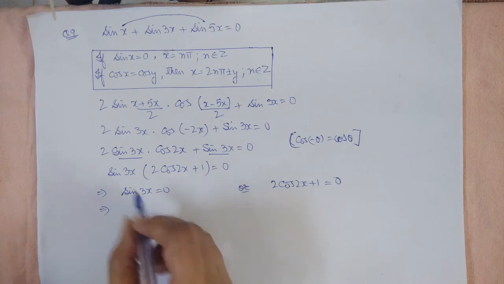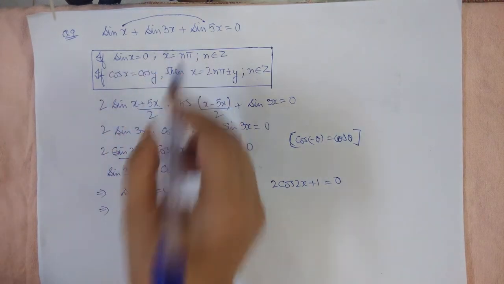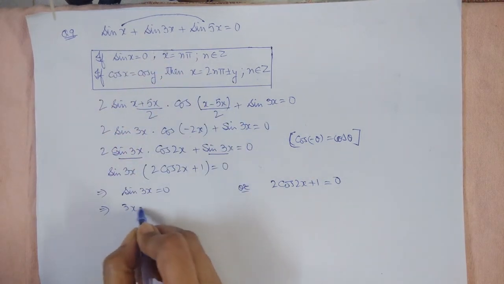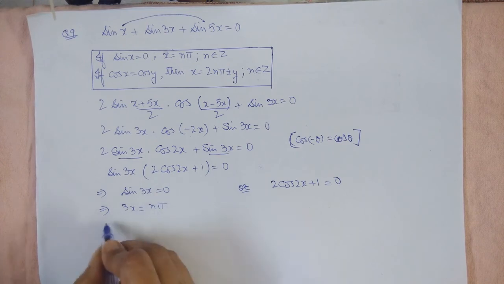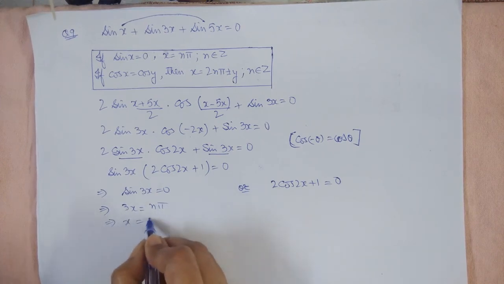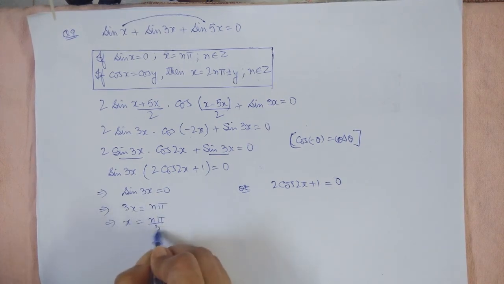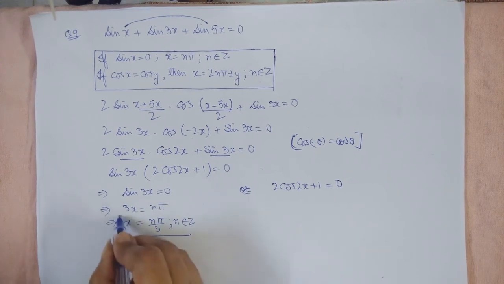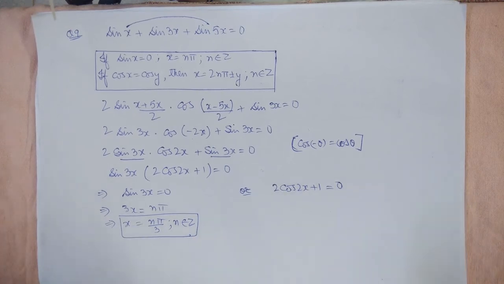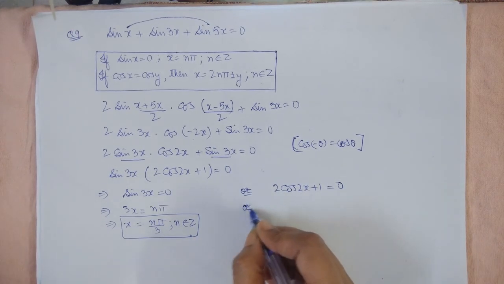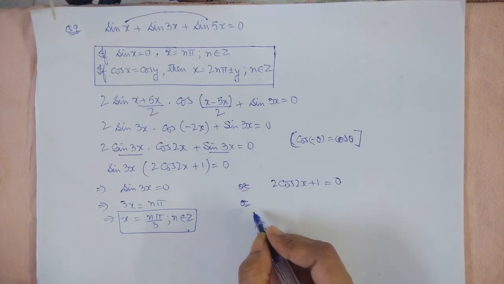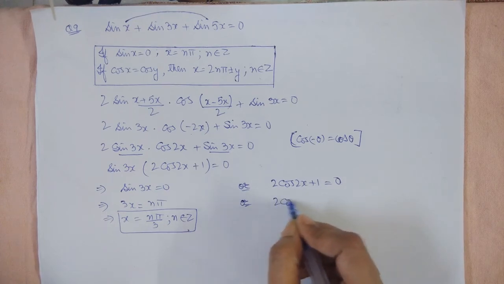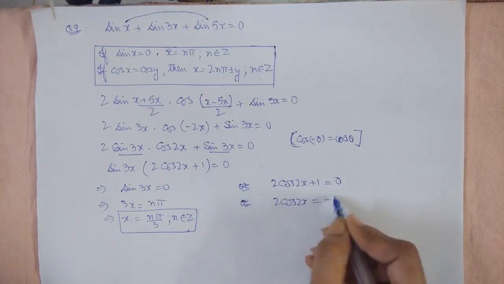So from here, if sin x equals 0, x equals n pi. So 3x equals n pi. So x equals n pi upon 3, where n belongs to Z. So this is one of the general solutions. And for the second, what will you get? 2 cos 2x equals minus 1.